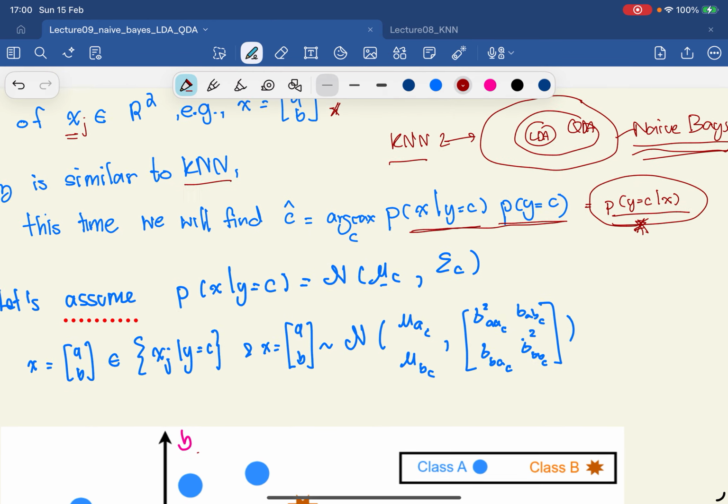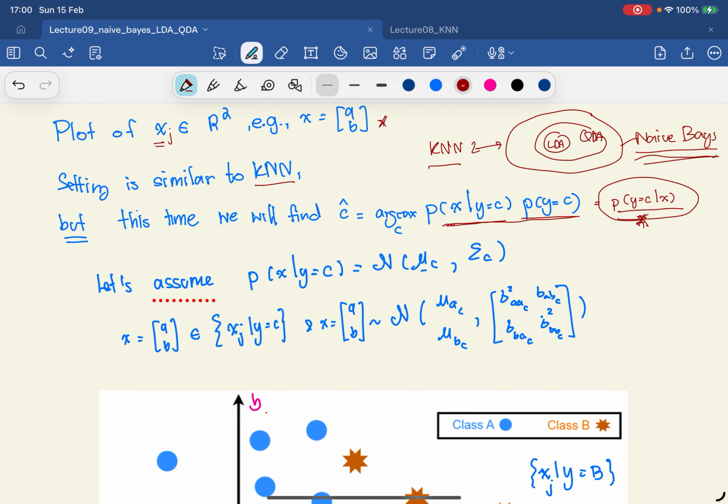For example, you may assume the likelihood is a Gaussian distribution and the prior is a Bernoulli distribution. With this more complicated model, you have more flexibility to handle different types of data. All right, so let's begin.